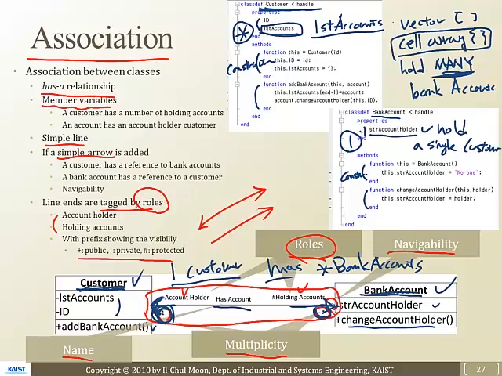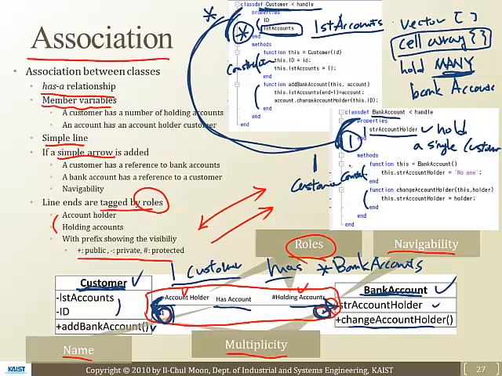So what the arrows really mean is how these two properties are intertwined, right? We have many, and we have one customer here on the bank account side.